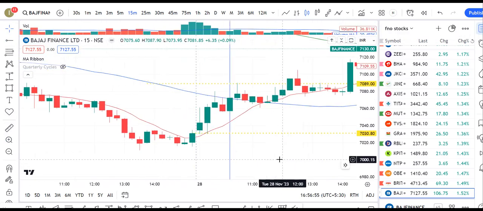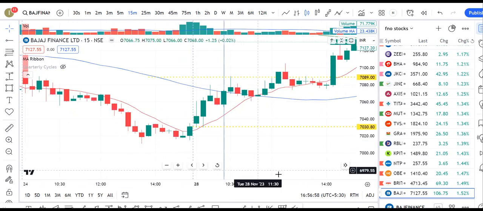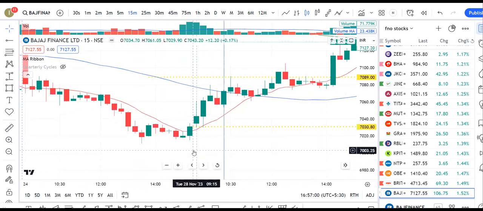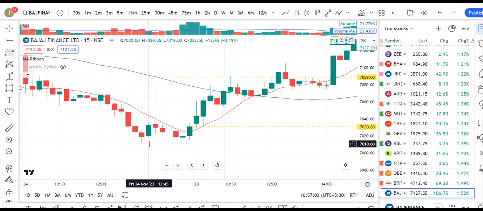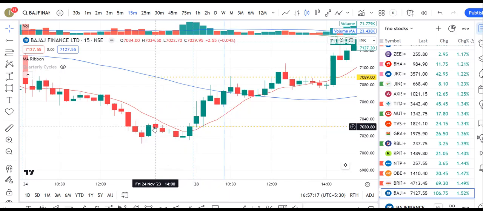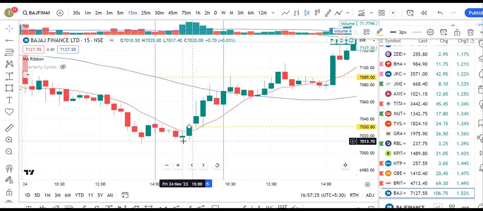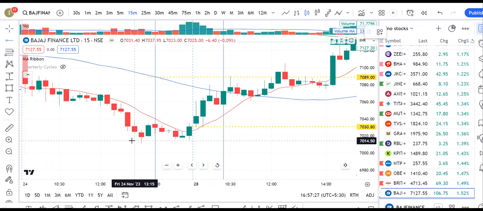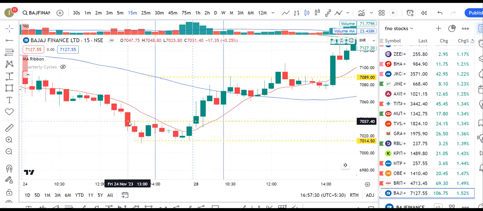You have found out the range, and for the previous day, the same 90 minutes, you have to go back. Previous day, 90 minutes means this is 9:15, 4, 5 candles here. So this is the range. You mark this and mark that.